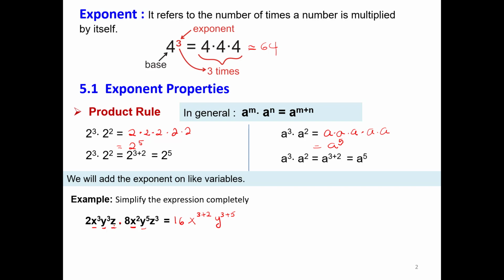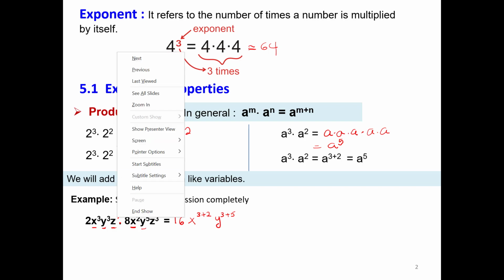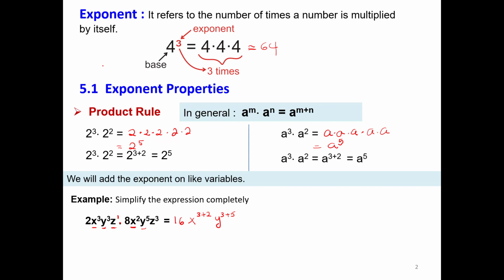If there is no exponent, we know the exponent is 1. So 1 plus 3. Then we have 16x to the 5th, y to the 8th, z to the 4th.